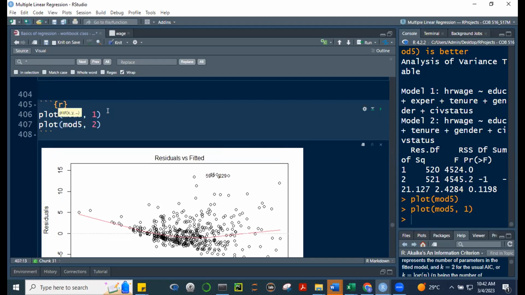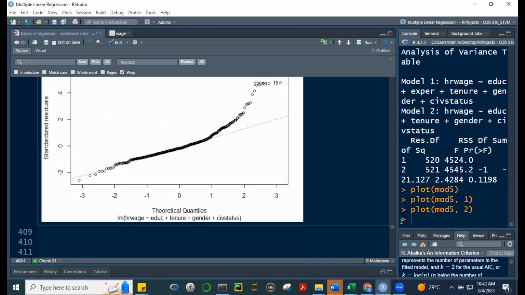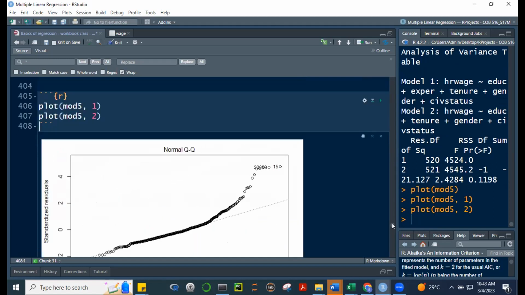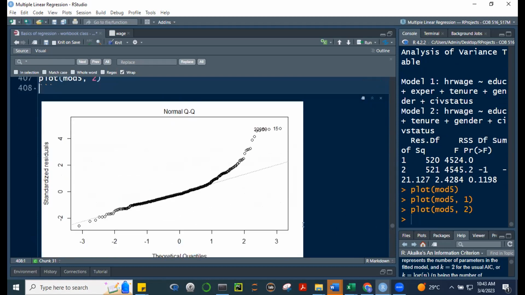How about the second one? What will this second one give us? Okay, ito yung QQ plot, quantile plot, normal QQ plot. So this is to test the normality of the residuals. So if the residuals hover around this regression line, yung standardized residuals are close to this one, then it tells us that the residuals are normally distributed.